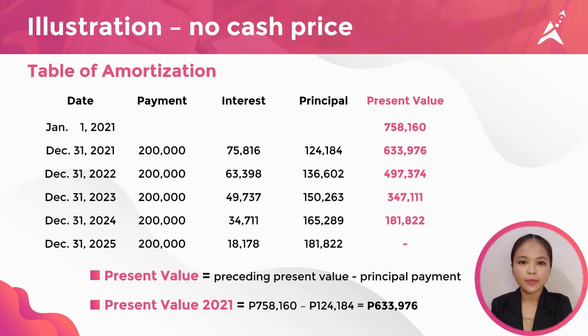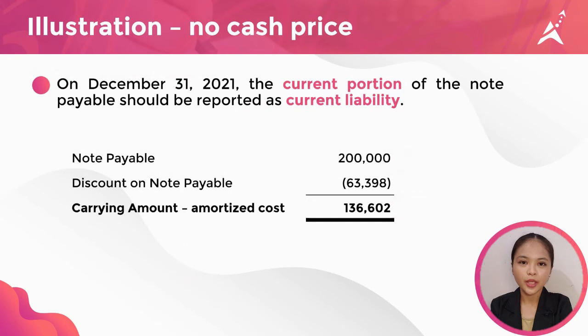So, on December 31, 2021, the present value of 758,160 pesos minus the principal payment of 124,184 pesos equals 633,976 pesos.